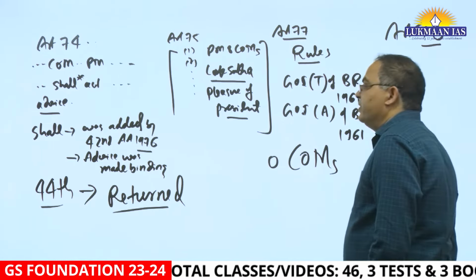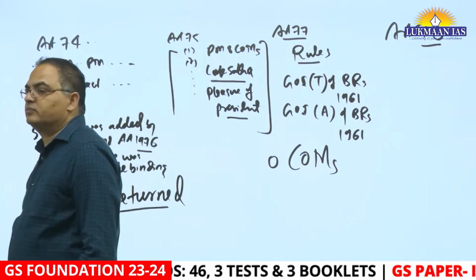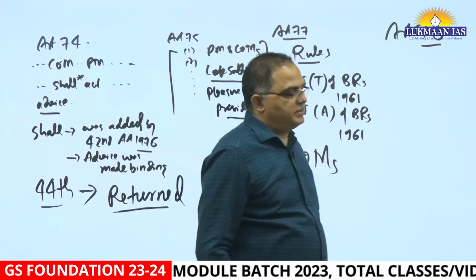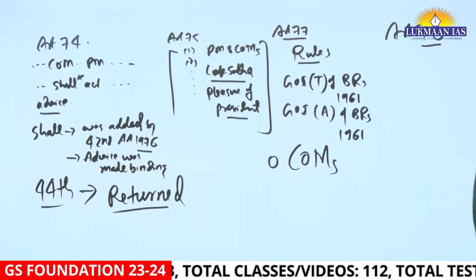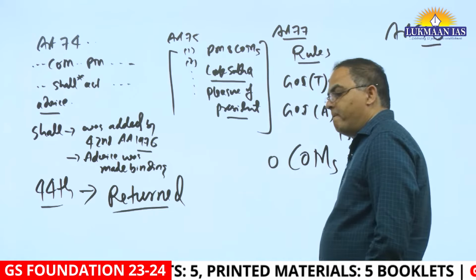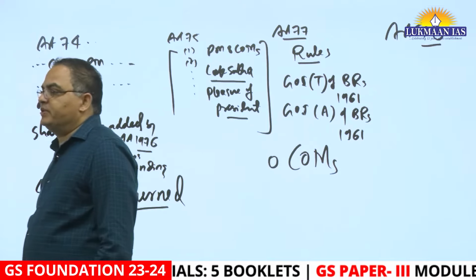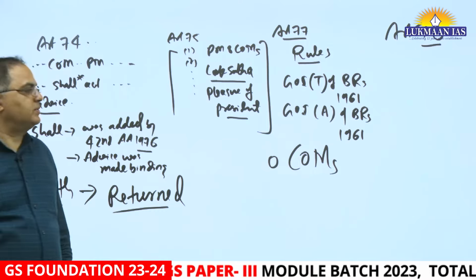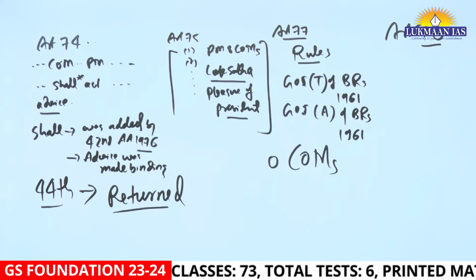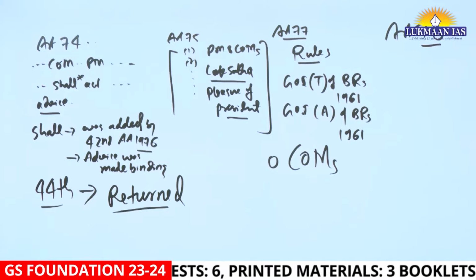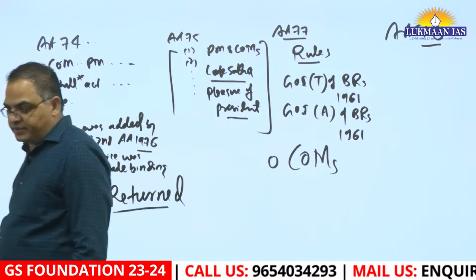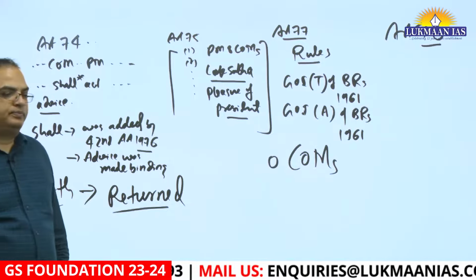Articles 74, 75, 77 and 78 make it very clear that decisions are taken by the Council of Ministers headed by the Prime Minister, and the President acts on their advice.